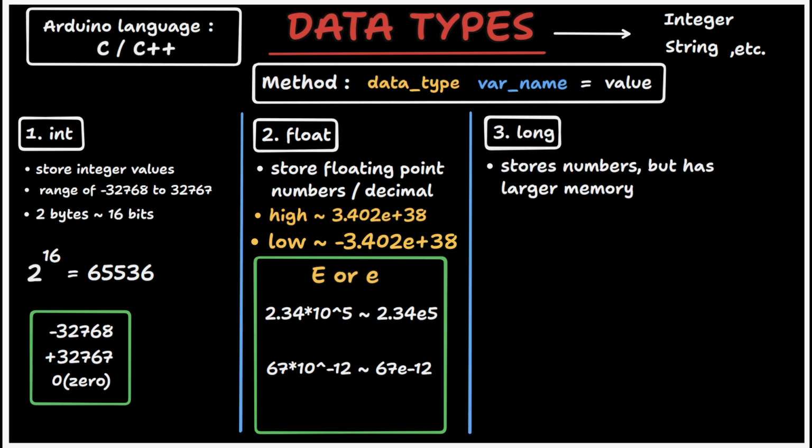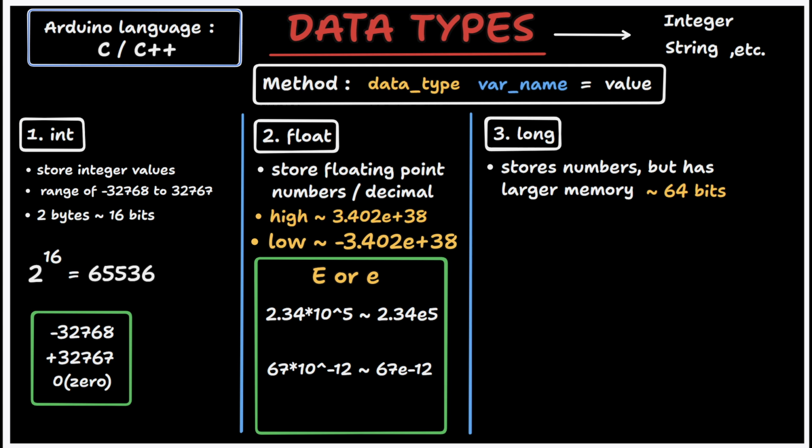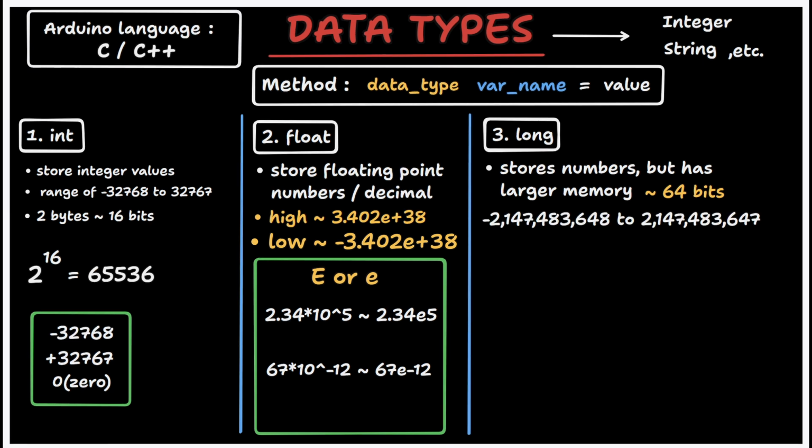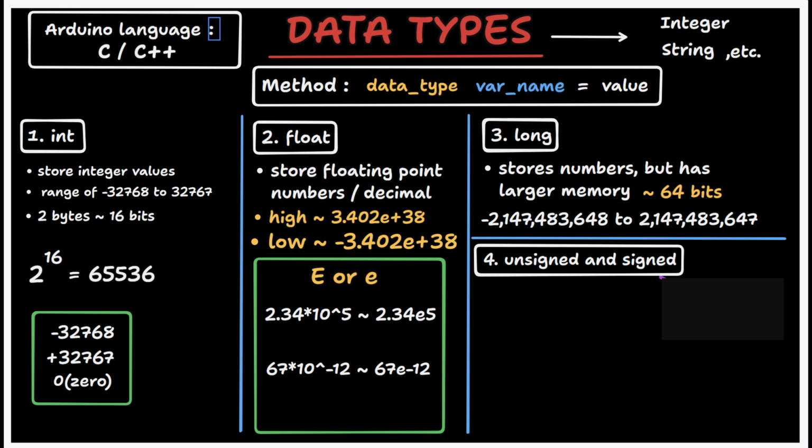Number 3. Long. This also stores numbers but occupies more space of about 64 bits or 8 bytes. Its range is as shown here. Number 4. Unsigned and signed. These keywords are used before other data types to define the value is positive or negative.